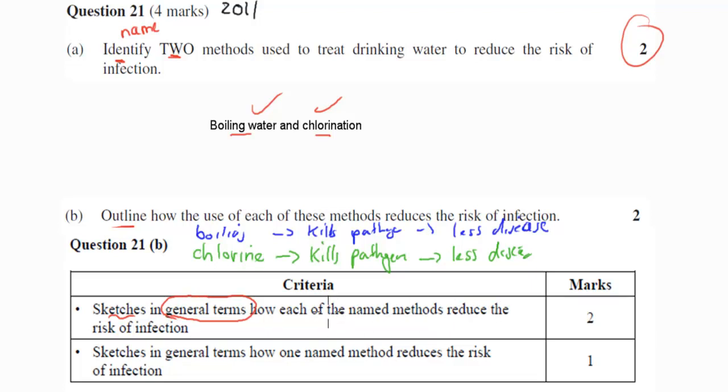So the main thing you should be talking about here is how, for example, boiling water will kill pathogens, or how adding chlorine will kill pathogens. You don't have to be too descriptive, you don't have to give too much detail, but just mention that they kill pathogens. And by killing pathogens, that means there's less disease because pathogens cause disease. You should actually mention that. And both boiling water and chlorine do that job quite well.